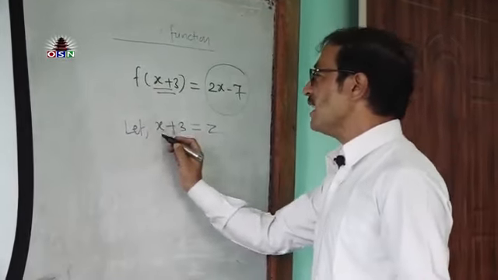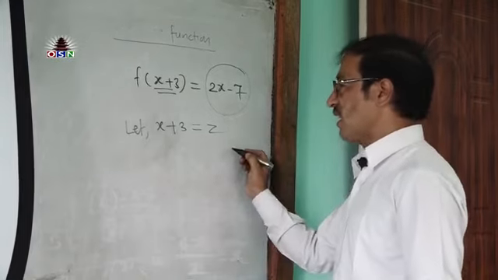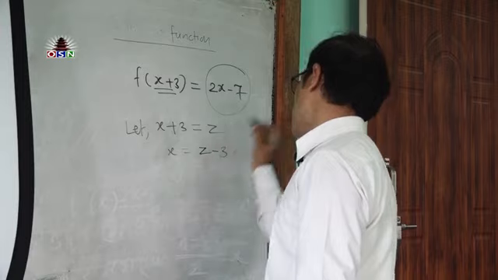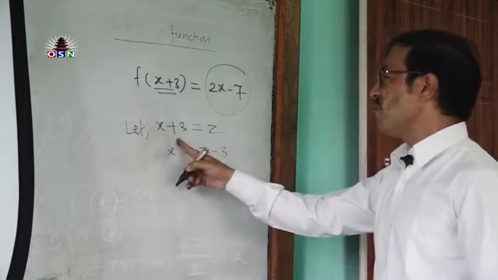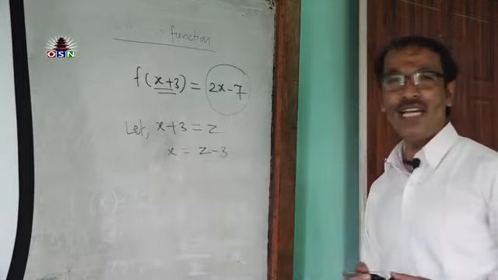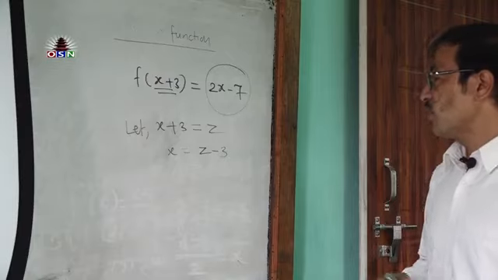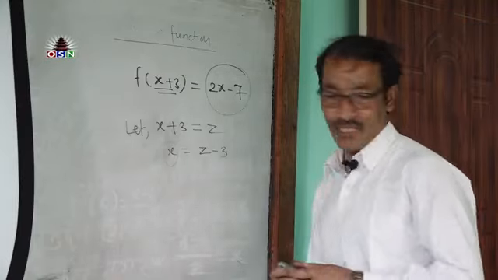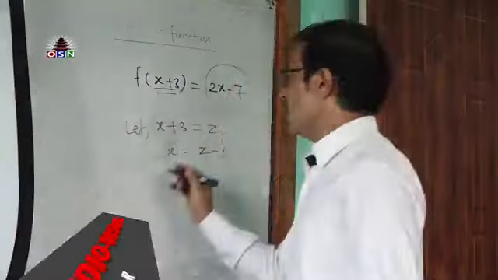The sum of x and 3 is supposed as z. Then you can find the value of x also, that is z minus 3. When plus 3 goes to the right, you can find z minus 3 this way. So where is x? There you can write z minus 3. You should be clear.